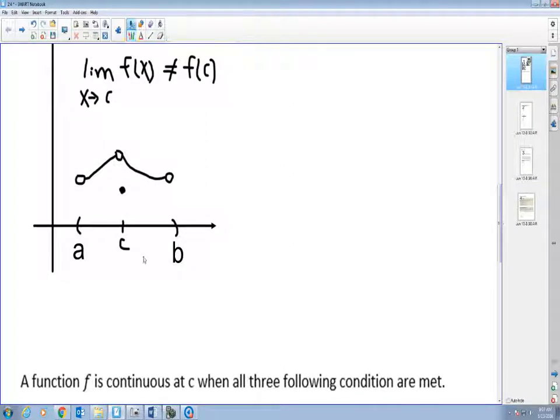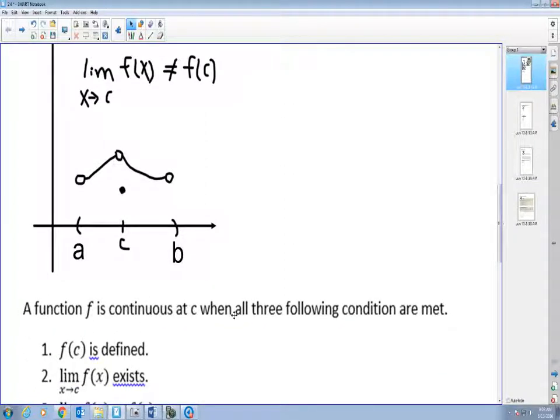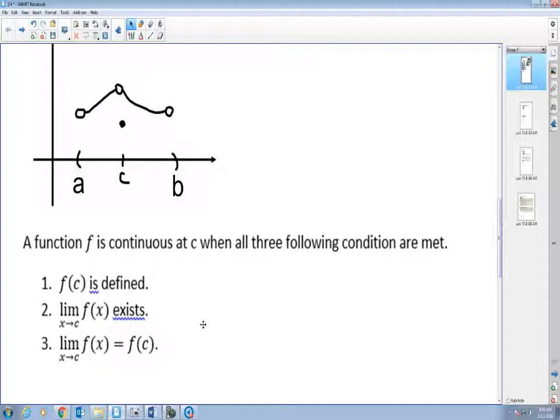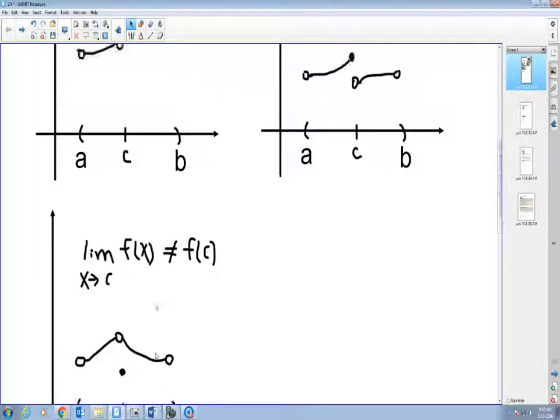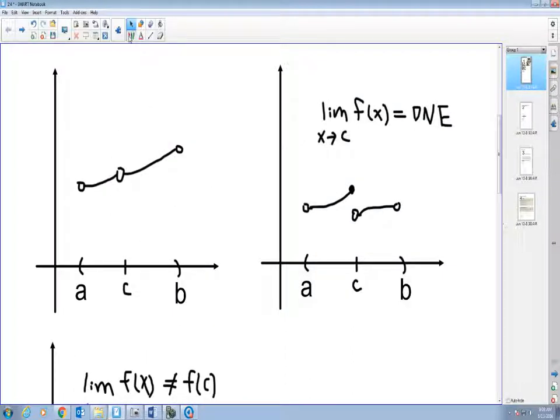So what that tells us is a function f is continuous at c when these three conditions are met. Number one, f of c is defined. I have to be able to define f of c. In this first picture, f of c is not defined, because I cannot evaluate my function at c.